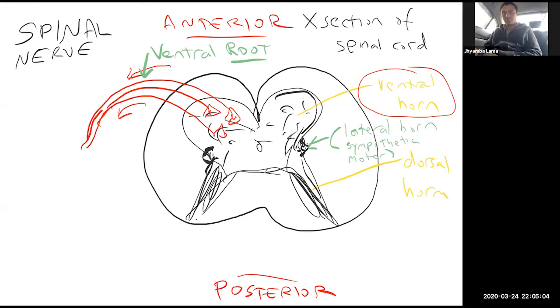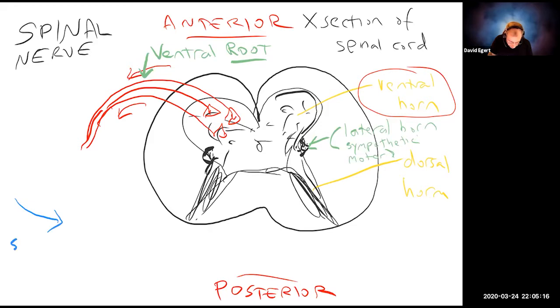Similarly, you're going to have a dorsal root. The dorsal root is going to be the sensory signals that are coming in. So this is going to be sensory signals that are coming in this way.